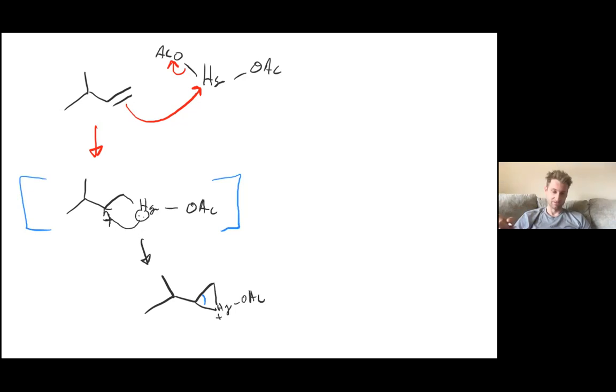This is 60 degrees, which means these are really strained. And the way they alleviate strain is that they put the majority of that charge on the more substituted center. So they kind of do something that looks like this.